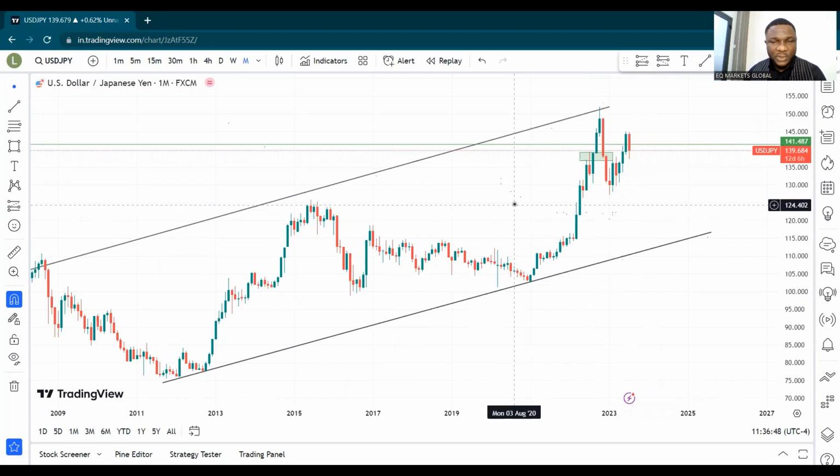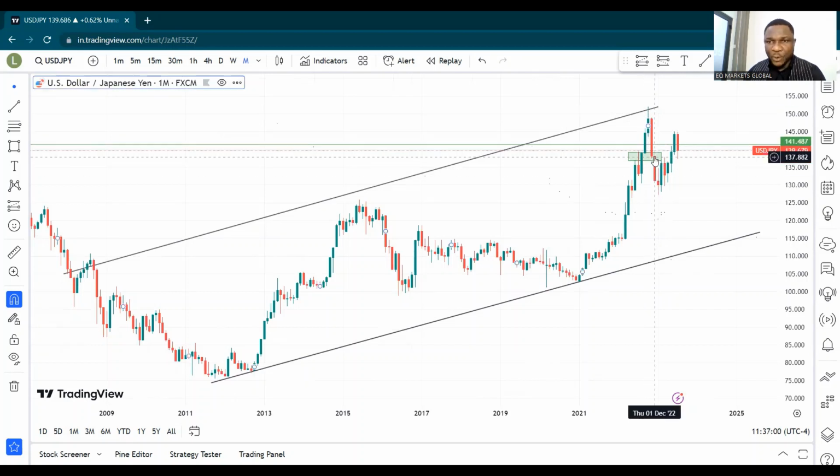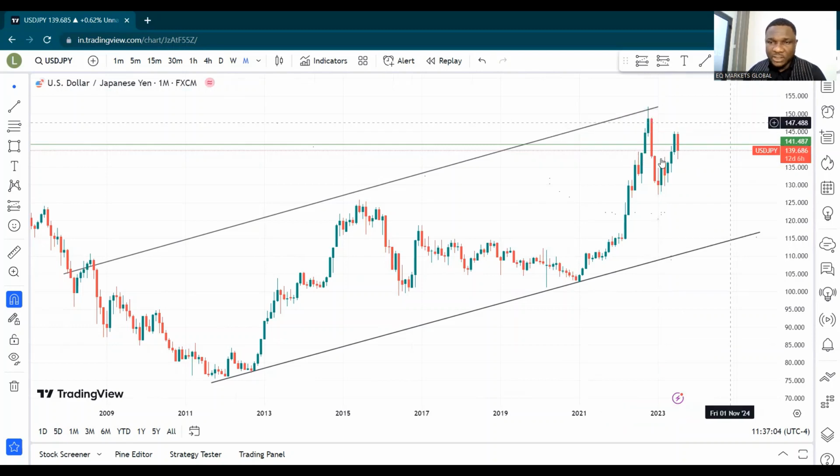Because I was losing money, I had to do a proper analysis, which is a top-down analysis from the higher time frame, and then I knew for certain where USDJPY was going. And of course, when it got to this point, we recovered most of the losses that we made while being stuck somewhere around here.